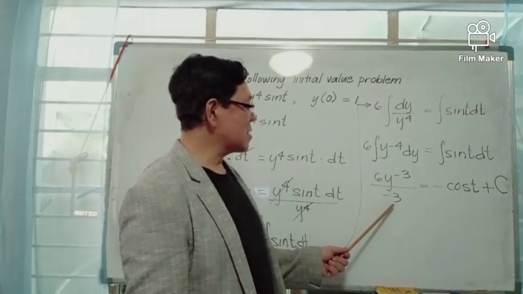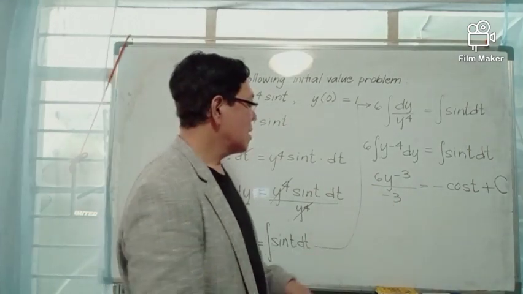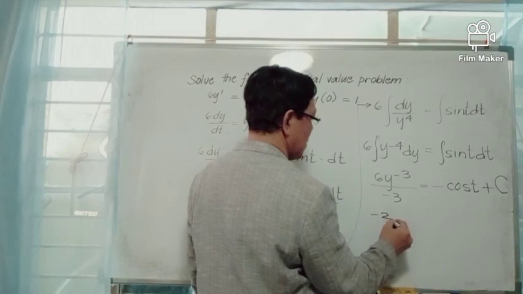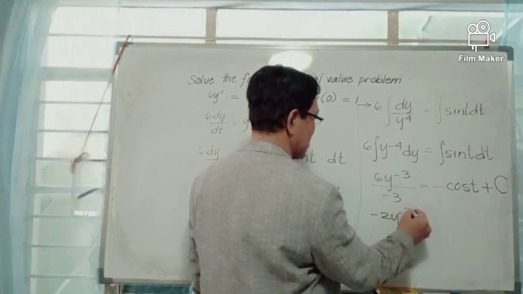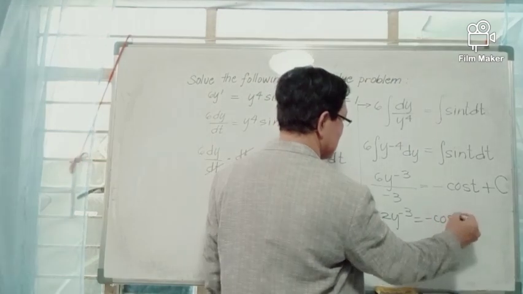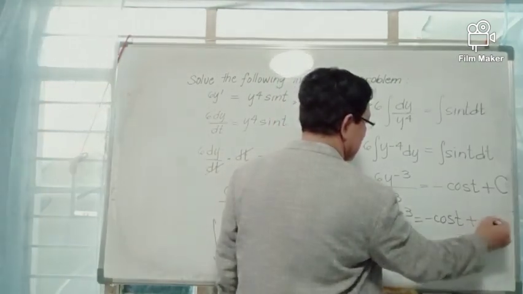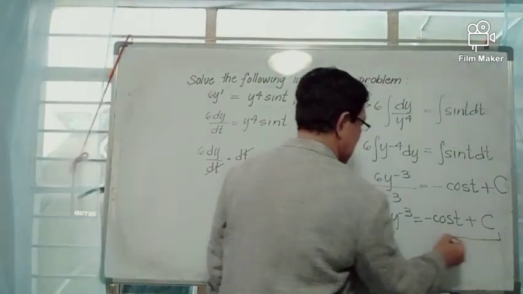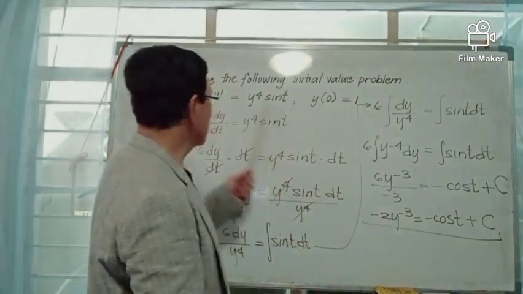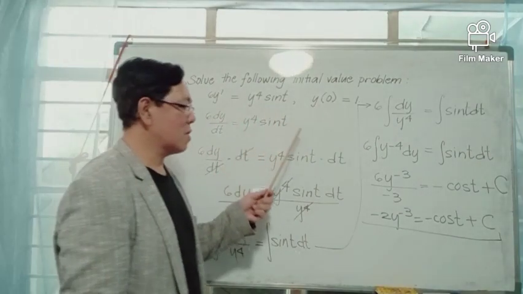We divide 6 by negative 3. We get negative 2. y to the negative 3 equals negative cosine t plus c. This is the general solution for the given differential equation.